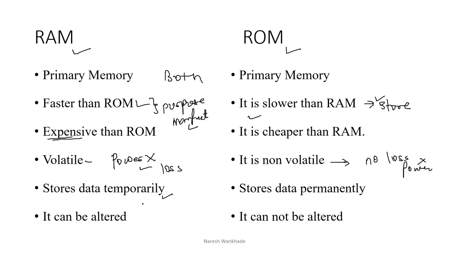Random access memory stores data temporarily, and read-only memory stores data permanently. RAM can be altered, meaning we can make changes with the help of certain techniques, and ROM cannot be altered.